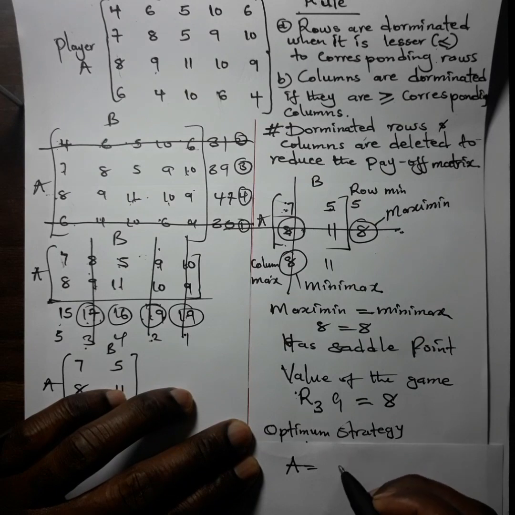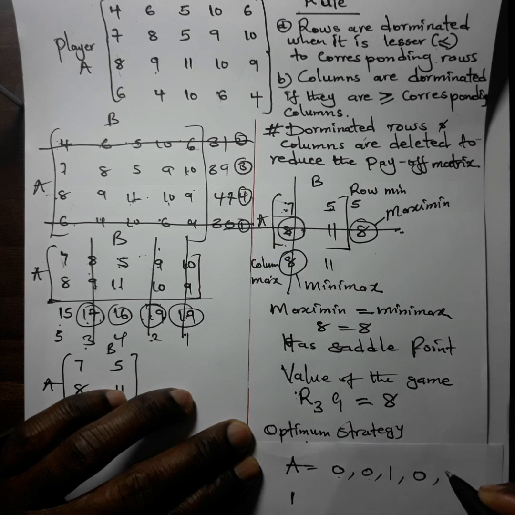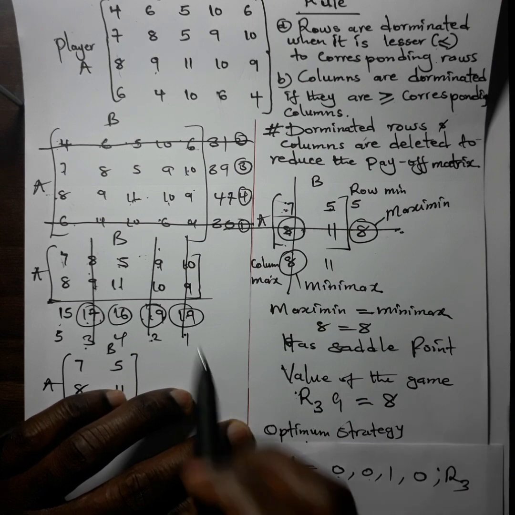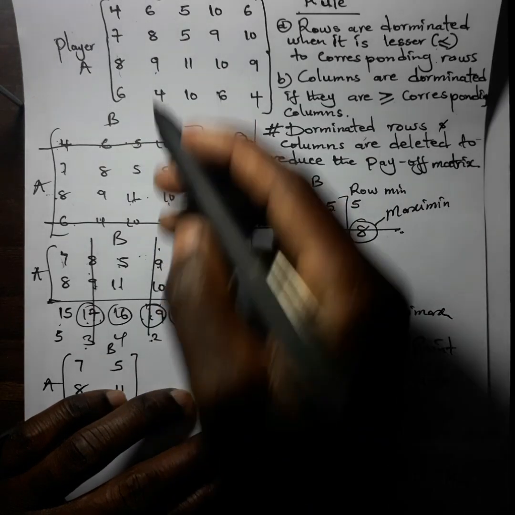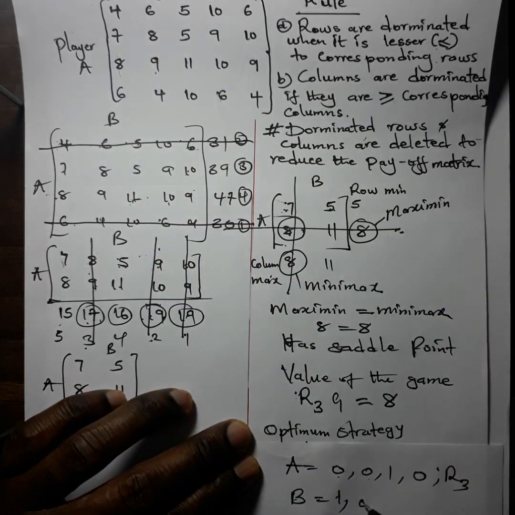Of course, you have 4 rows, and the other rows will be 0. Then player B is supposed to play the first column. Of course, the other columns will be 0, since they have 5 columns in that particular scenario, and we give it column 1.